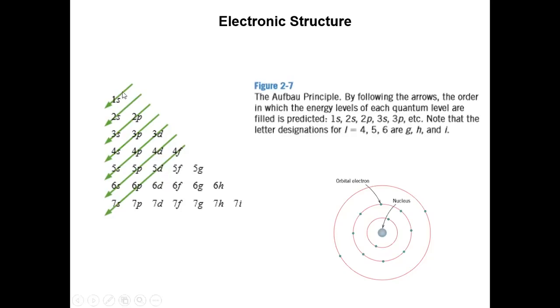So first the electrons occupy the 1s level. I'm talking about an atom having a large number of electrons.